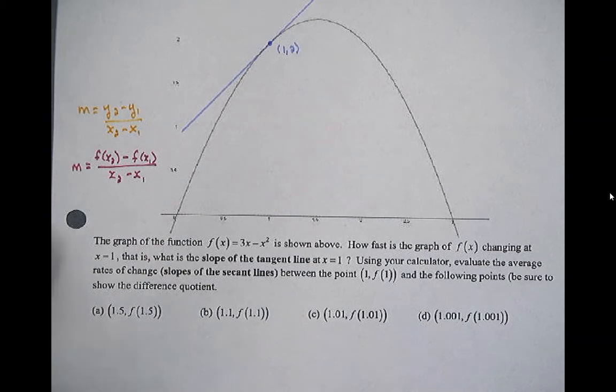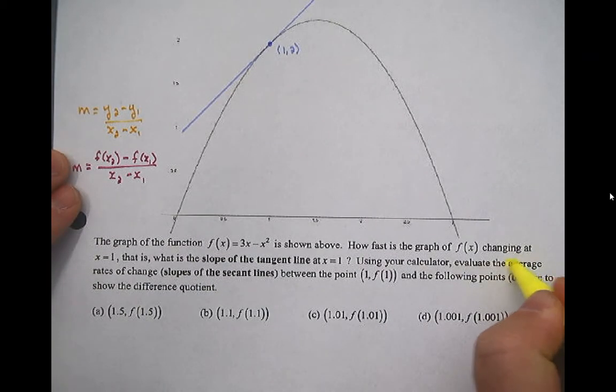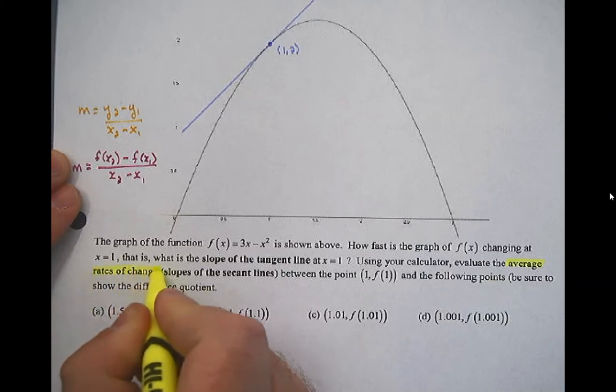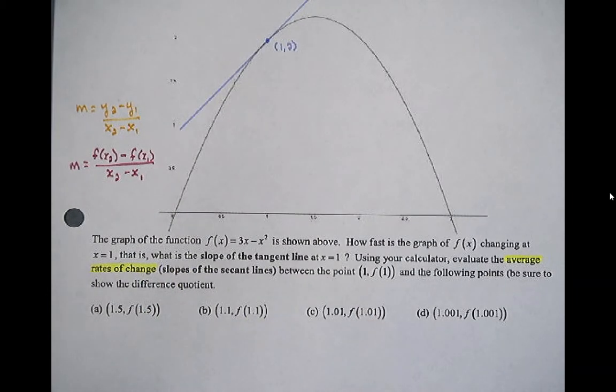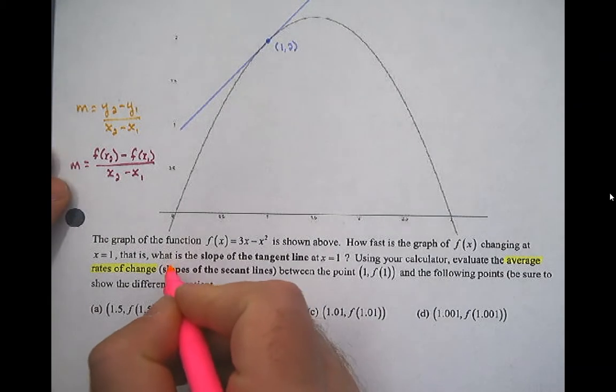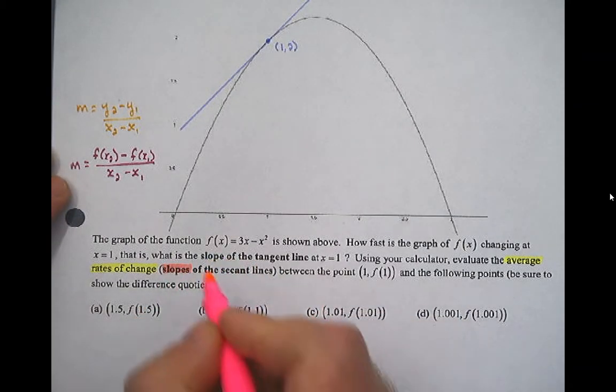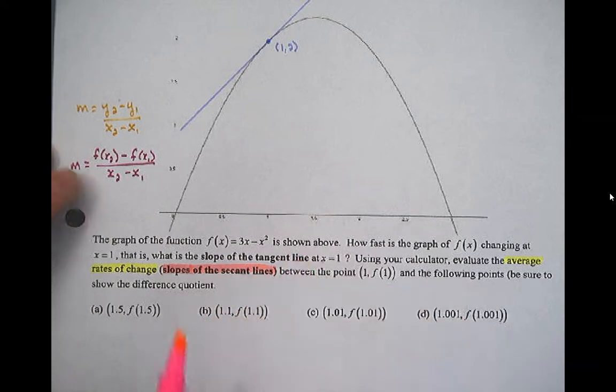Okay, so you're going to see some phrases that we're going to use a lot in this class. You have to identify that these really mean slope. Average rate of change. That already means slope. That's the slope, that's the slope, that's the slope. Now that's the slope of the secant line, so that's this formula.